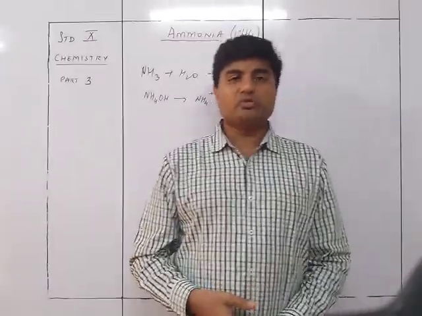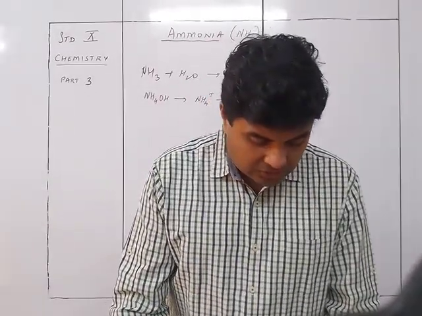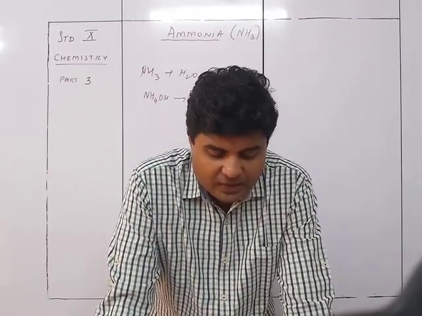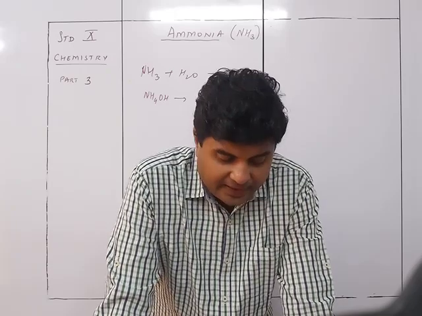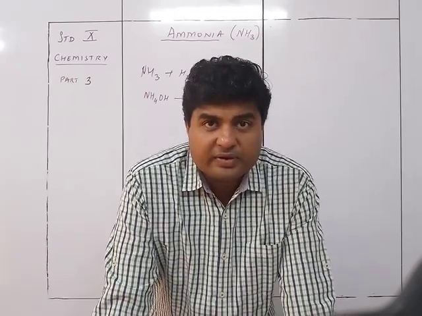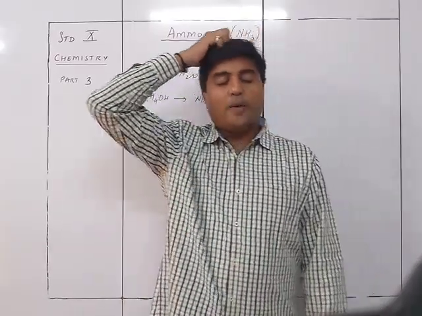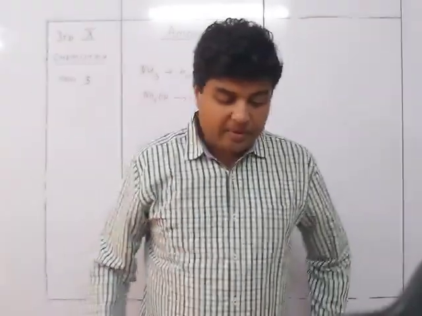So it will give ammonium salt plus water. Ammonia, being a weak base, accepts protons, that is hydrogen ions, to form the ammonium ion: NH3 plus H+ gives NH4+. It therefore reacts with acids to form ammonium salts.